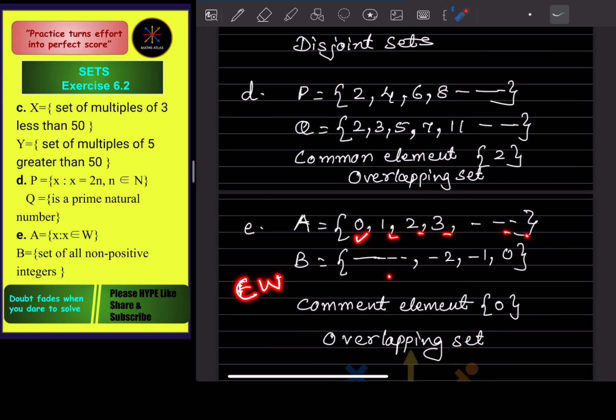Non-positive integers means 0, -1, -2, and so on, because 0 is neither positive nor negative, so we include 0 as non-positive. So we can see 0 is common. The common element is 0, so that is an overlapping set.